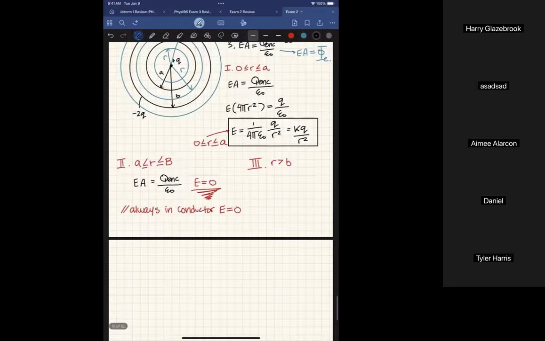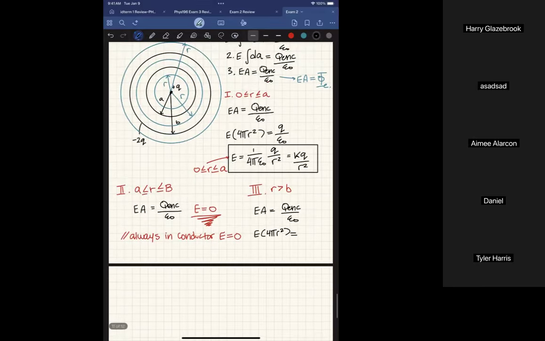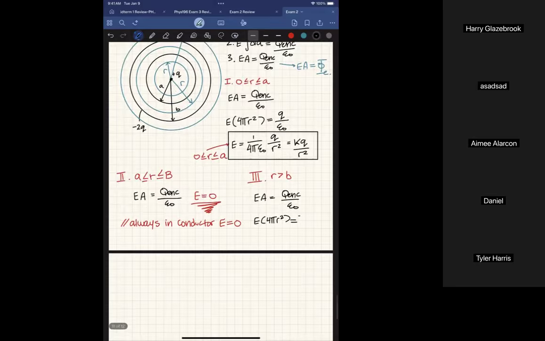Gauss's law says that the electric field times the area of my Gaussian sphere is the enclosed charge over epsilon naught. The area of my sphere is 4 pi little r squared. Now, the amount of charge I'm enclosing is negative 2q plus the charge from our point charge q, over epsilon naught.